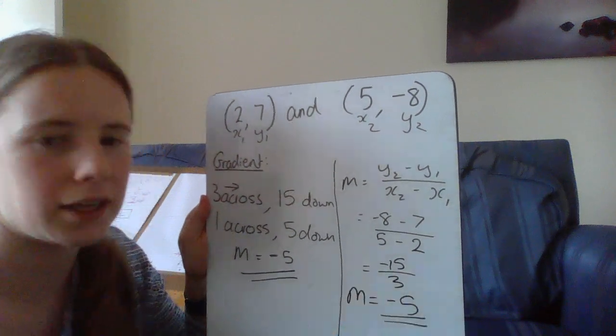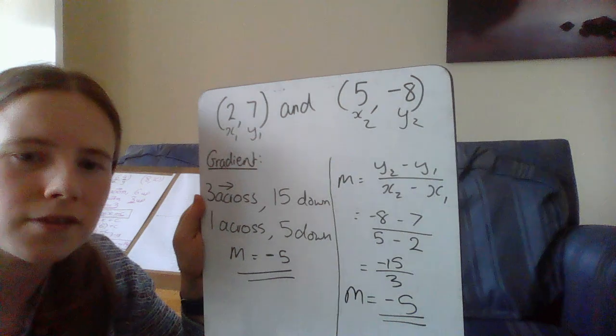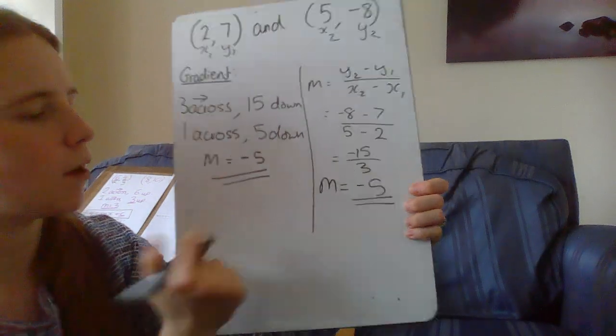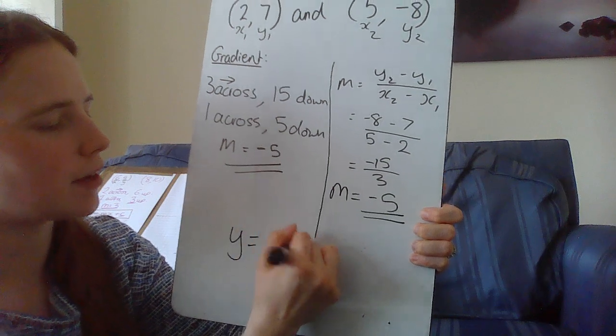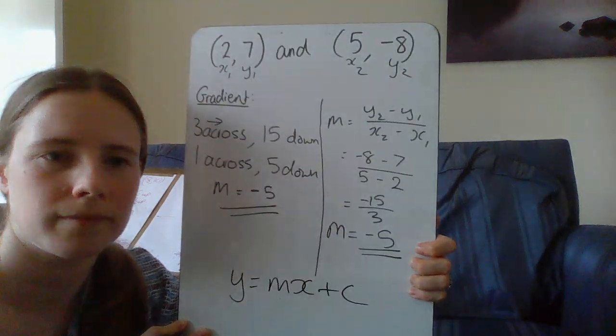So my m value is -5. Once you've got the gradient, you need to think about what you know about the equation y equals mx plus c and use substituting a coordinate.